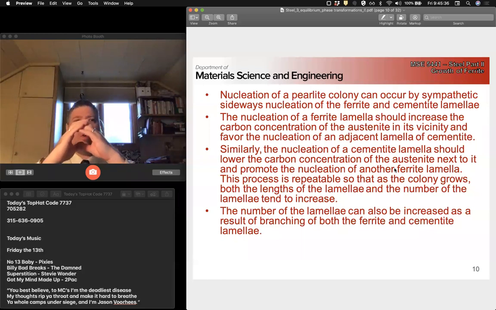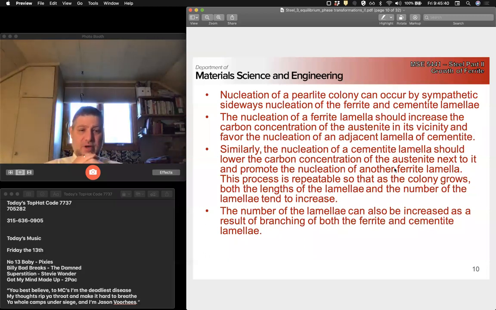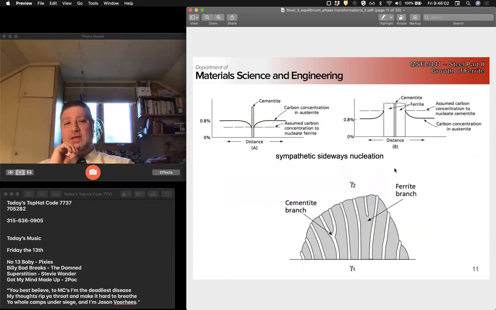Because we'd have to move all this carbon far away. If we were just growing cementite, growth would be slow because I need to get carbon from far away. But if I have them right next to each other, now I only need to get carbon from one to the other. Right? And that should sort of form the picture here, right?